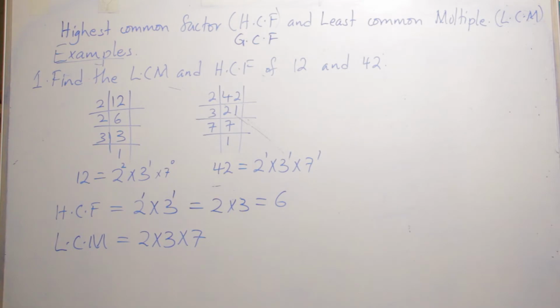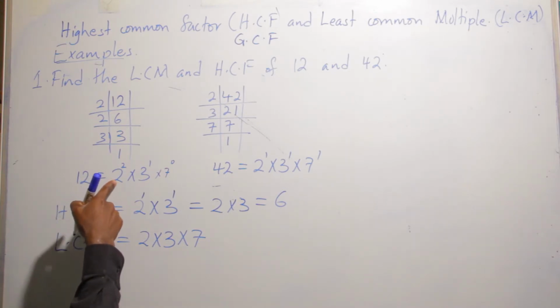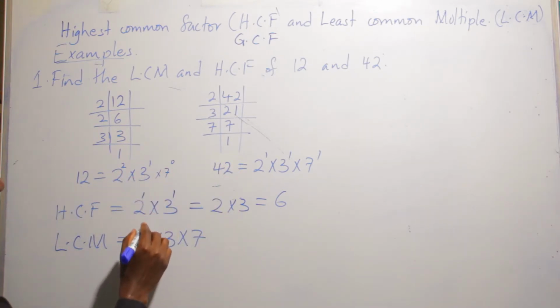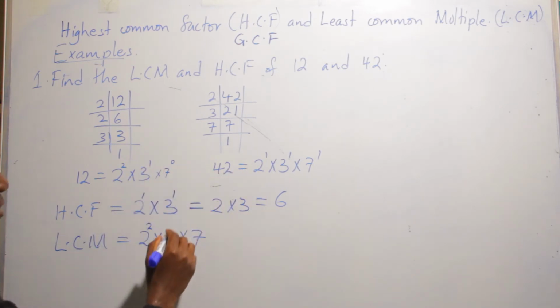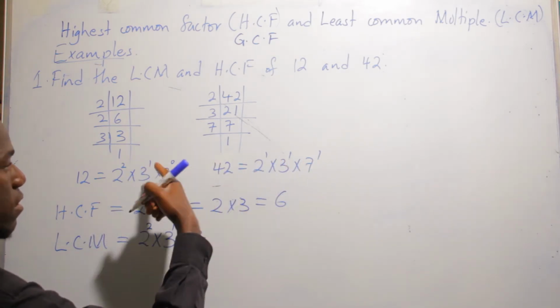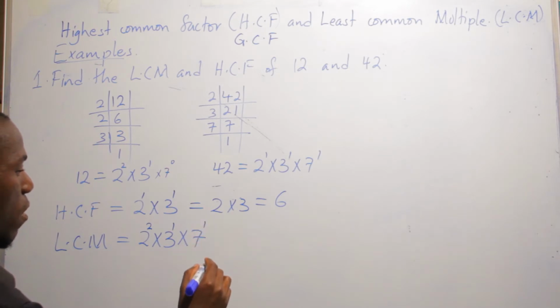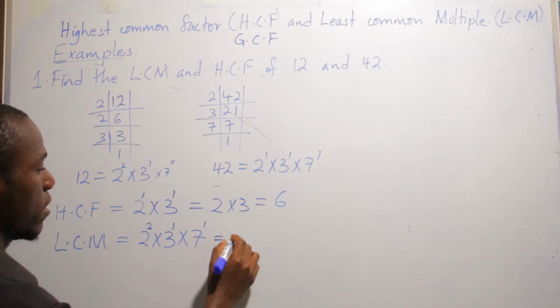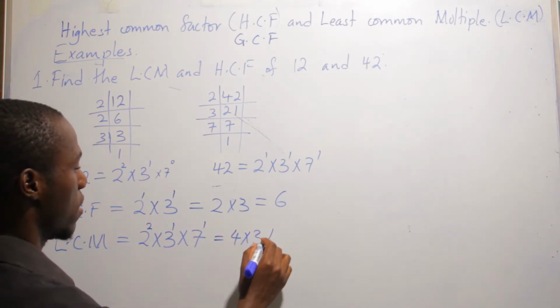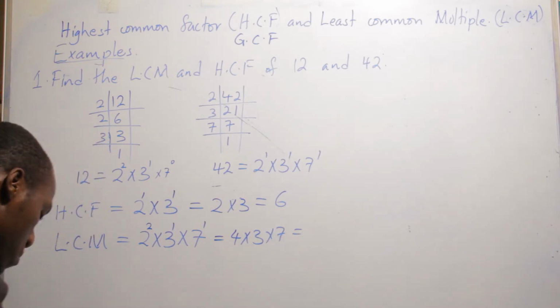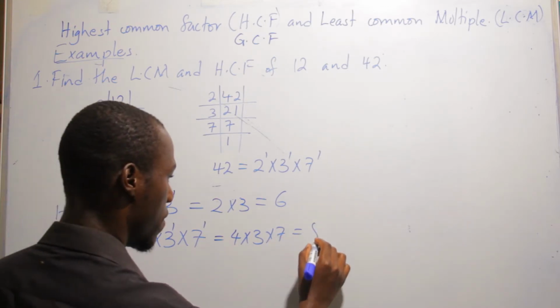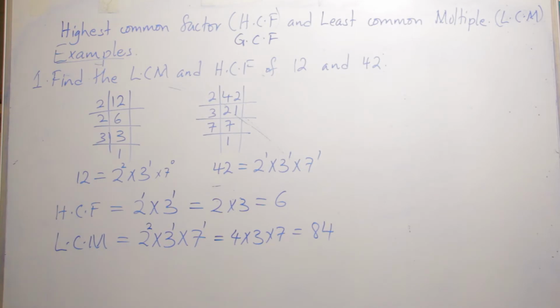Then I look at those numbers that are having the highest power. So the 2 here and there, this one here is having a power 2, power 3, then the 7, the highest, is having a power 1. So I multiply 4 times 3 times 7 to get me 84.